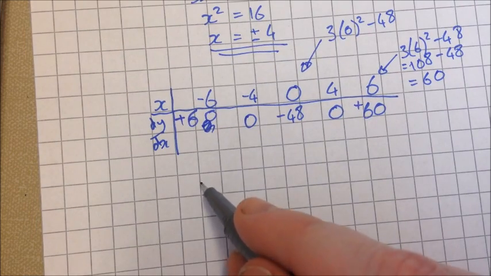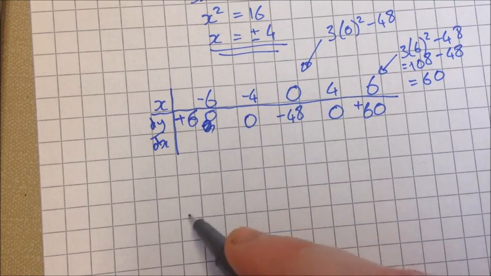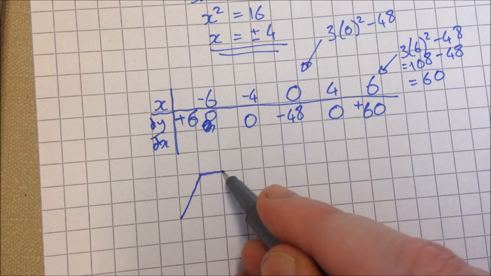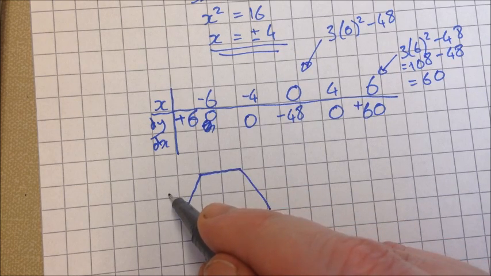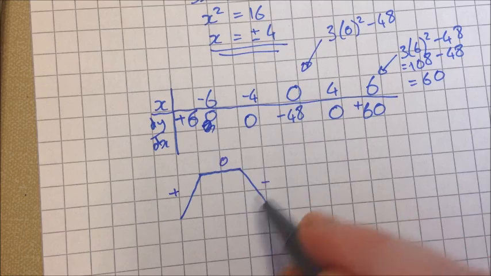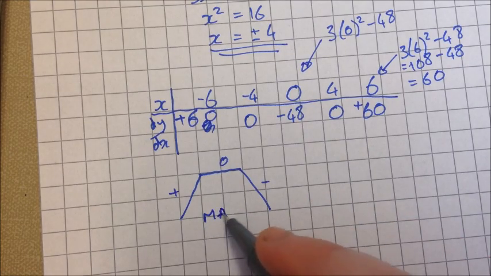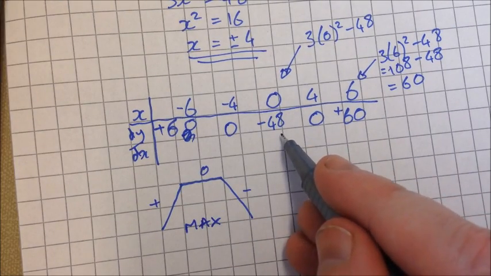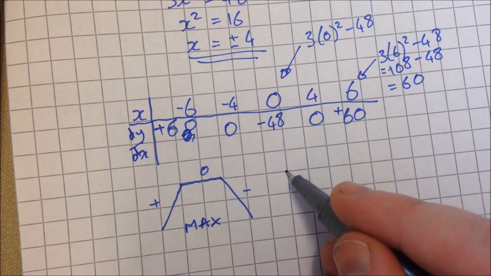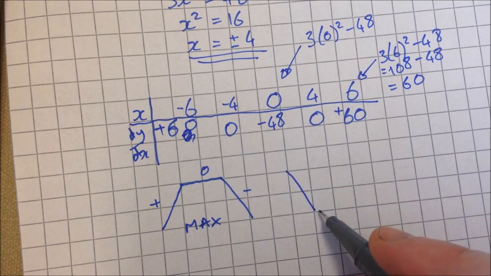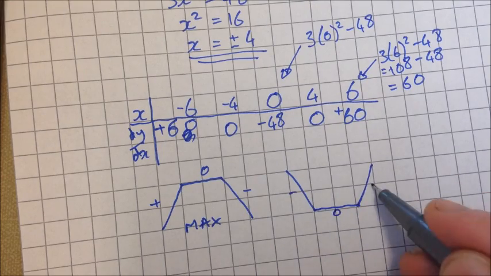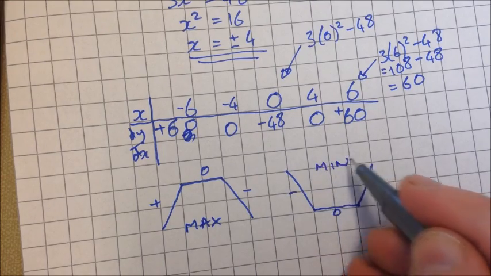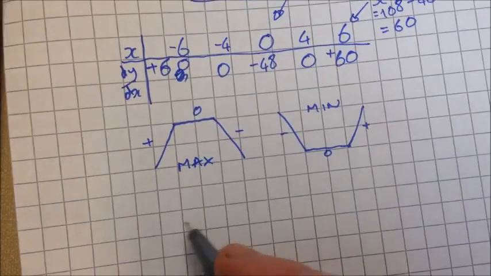So for your first three coordinates, positive, 0, negative, that is going to be a maximum. And the second three values, negative, 0, positive, that is a minimum. So let's find out our values.